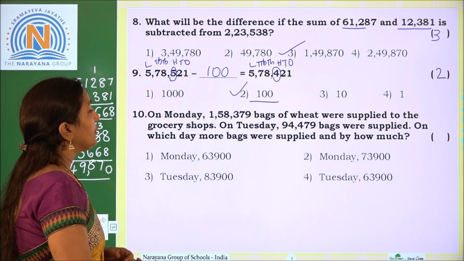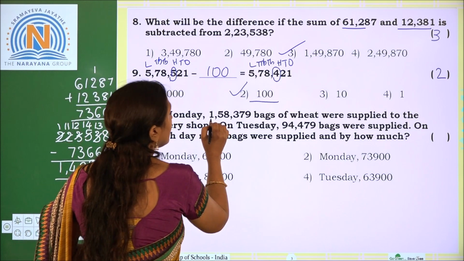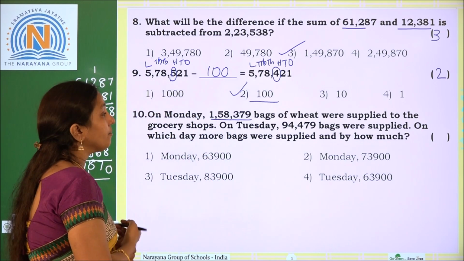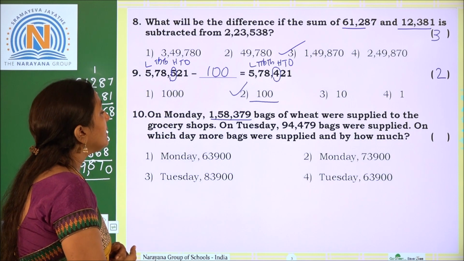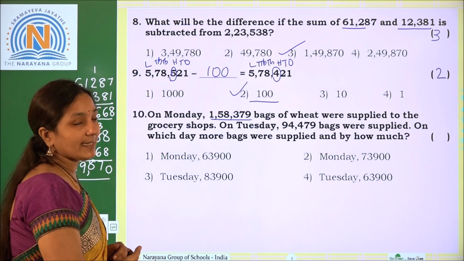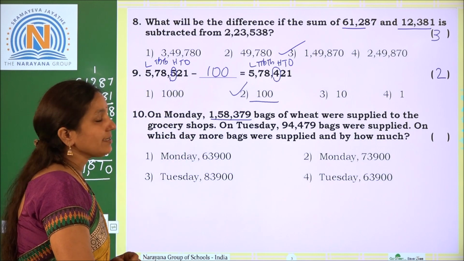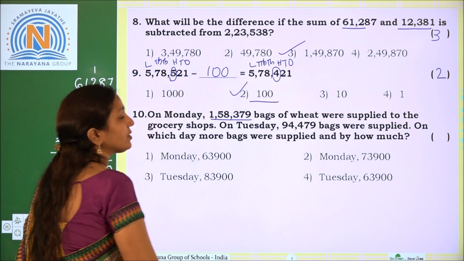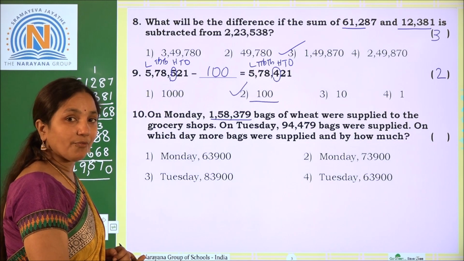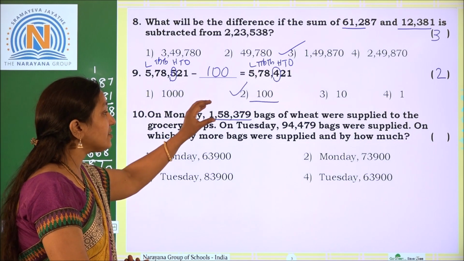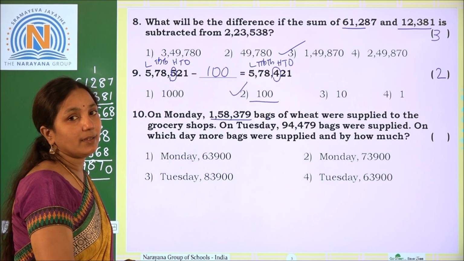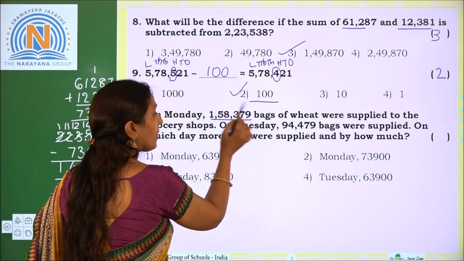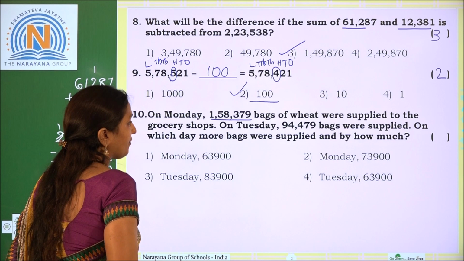See here, you can observe here, on Monday how many bags were supplied? 1,58,379. So it is a 6-digit number. Coming to Tuesday, here 94,479. So 5-digit number. So this will be greater than that number. So now we have to subtract this from this number. We will get the difference.